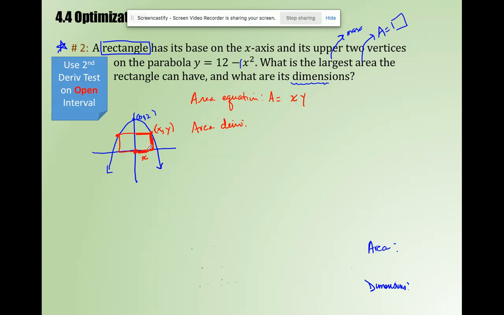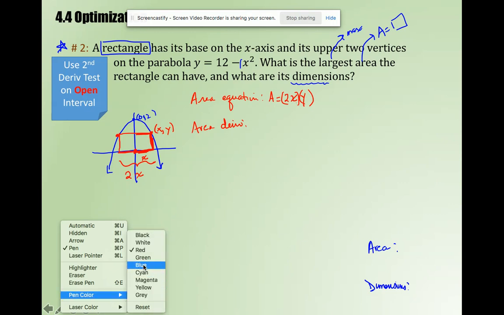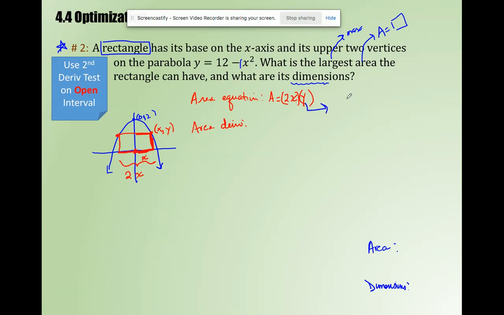Because this is not the whole length of the rectangle. How long is the rectangle? Isn't that 2x? Now, I can't have this situation. I need to be able to rewrite the height in terms of x. Can you see how I can do that?